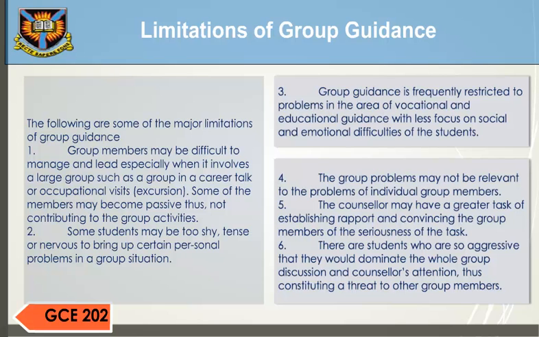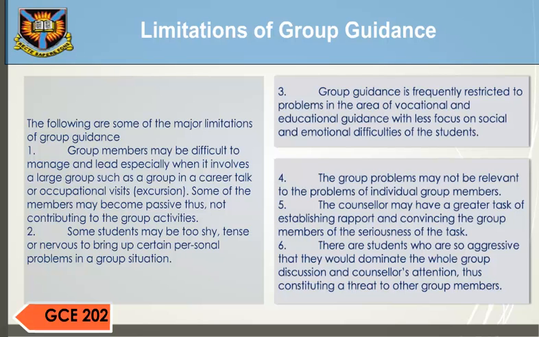3. Group guidance is frequently restricted to problems in the area of vocation and educational guidance, with less focus on social and emotional difficulties of the students. 4. The group problems may not be relevant to the problems of individual group members. 5.